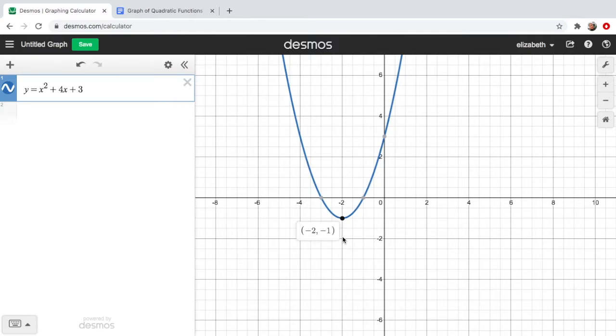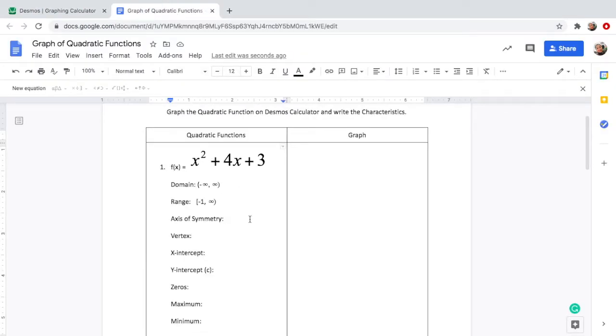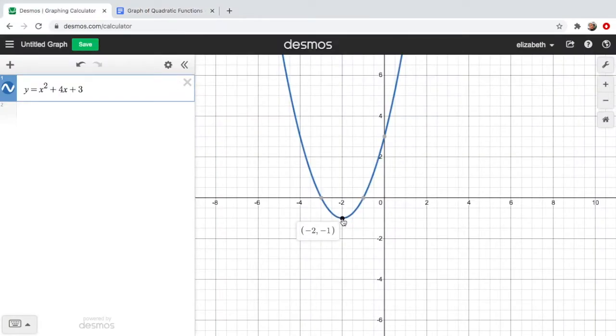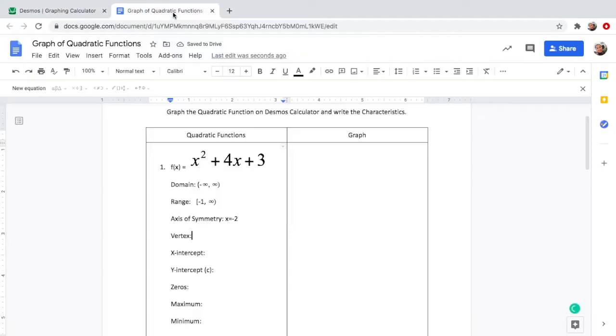And again, axis of symmetry is the x-coordinate or x value, which is -2. So your AOS is x equals -2. How about your vertex? Obviously, just click this and the vertex is -2 and -1.